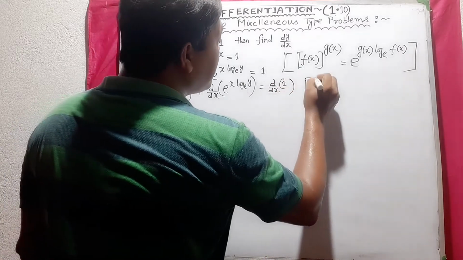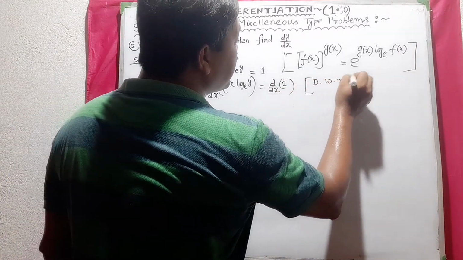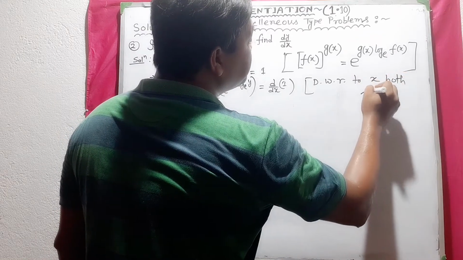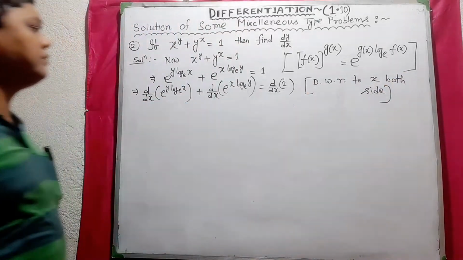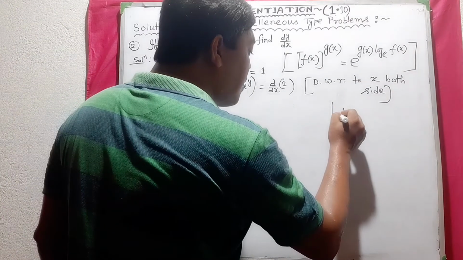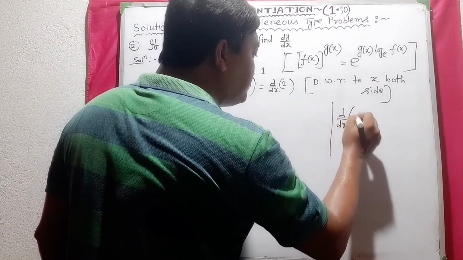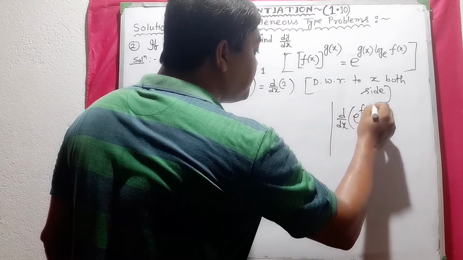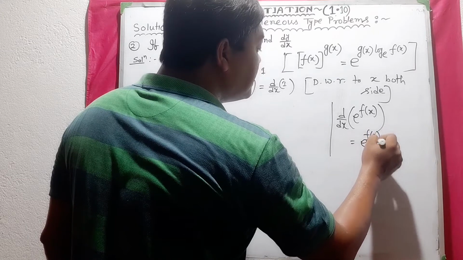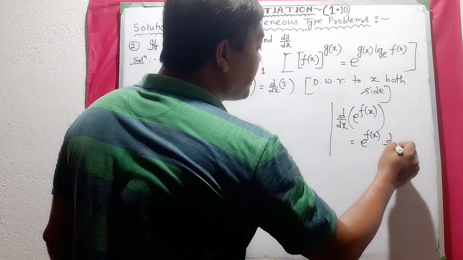We write here, differentiate with respect to x on both sides. Now we know d/dx of e to the power f(x) is e to the power f(x) into d/dx of f(x).